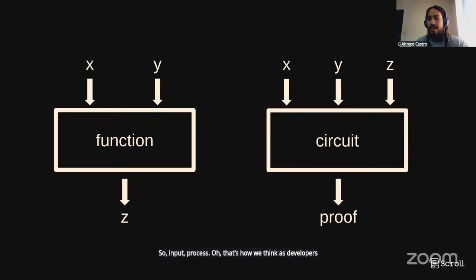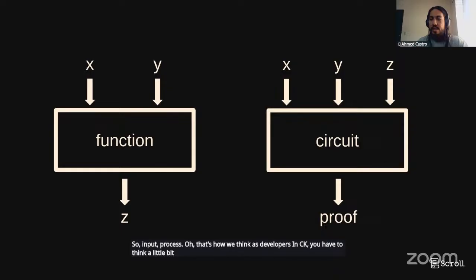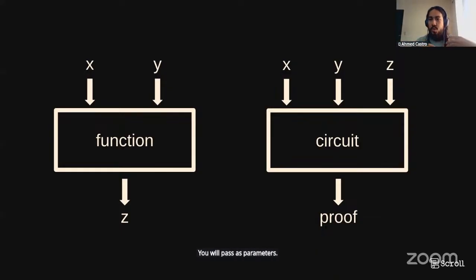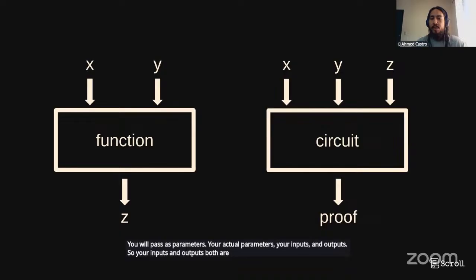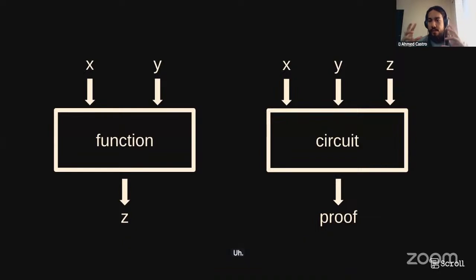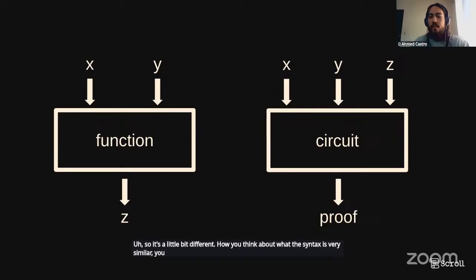In zk, you have to think a little bit differently. When you're writing a circuit, you will pass as parameters your actual parameters, your inputs and outputs. So your inputs and outputs both are parameters to your circuit, and this circuit will produce a proof. So it's a little bit different how you think about it, but the syntax is very similar. You will see it's not very different from what you're used to.